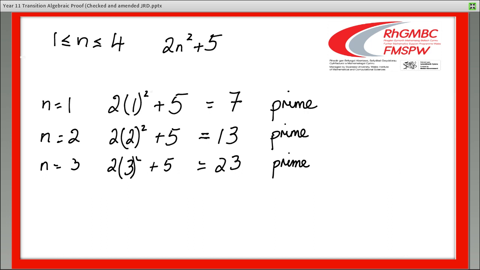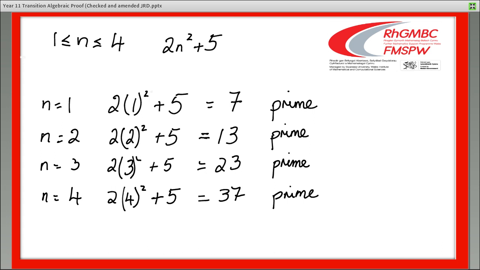And that comes to 23. Strangely enough, 23 is also prime. Then we try n equals 4. So we've got 2 lots of 4 squared plus 5. That's 37. And that's also prime.